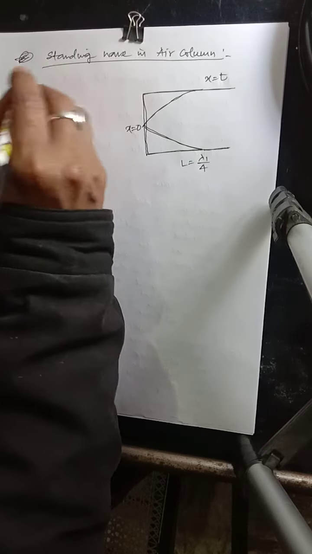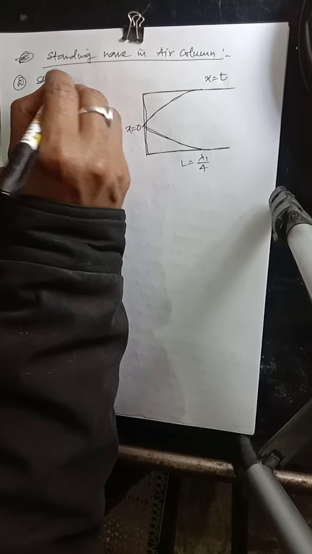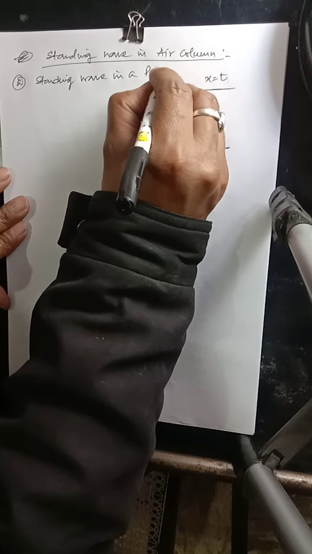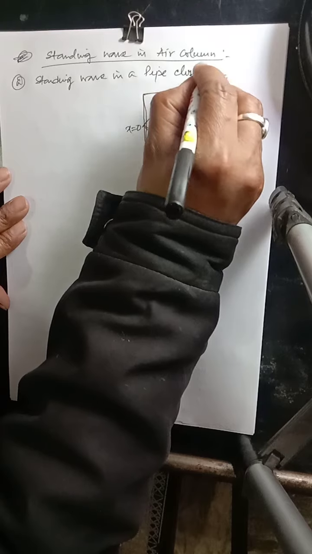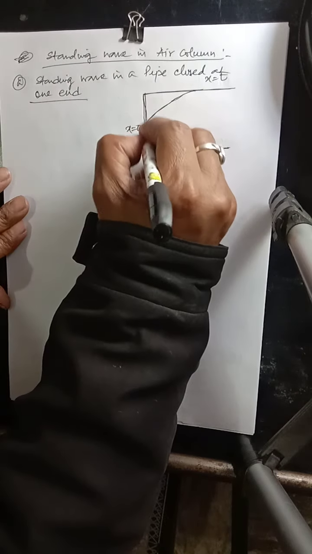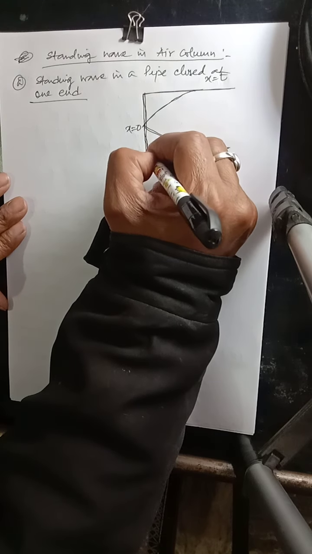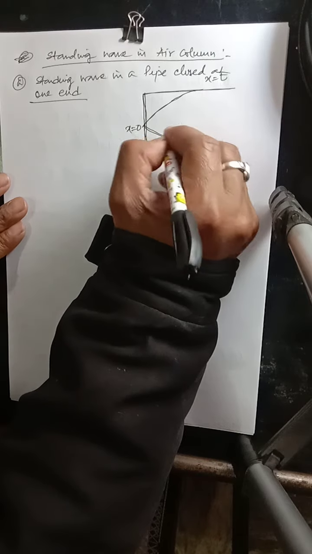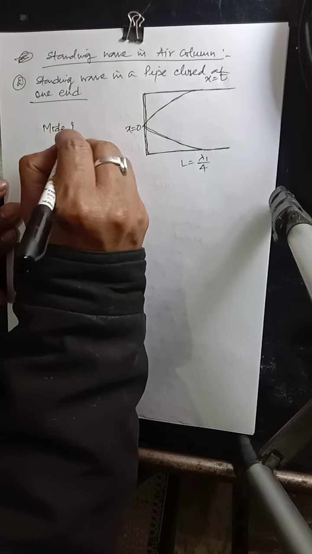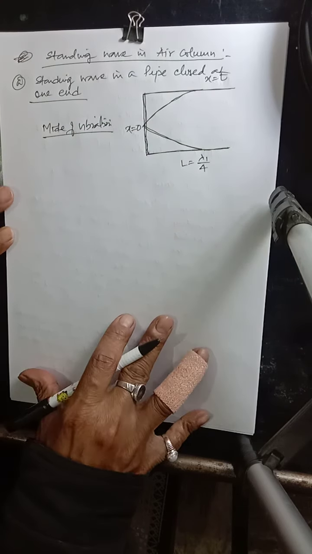In the first category we will discuss, that is the standing wave in a pipe which is closed at one end. This is the pipe in which the air is present, one side is closed, and this is the formation of the wave. So it is the mode of vibration. It is the diagram for that.